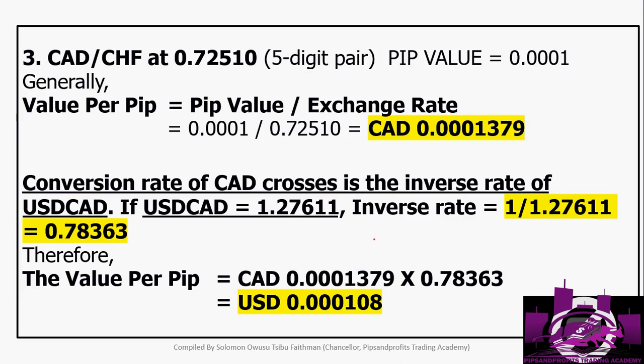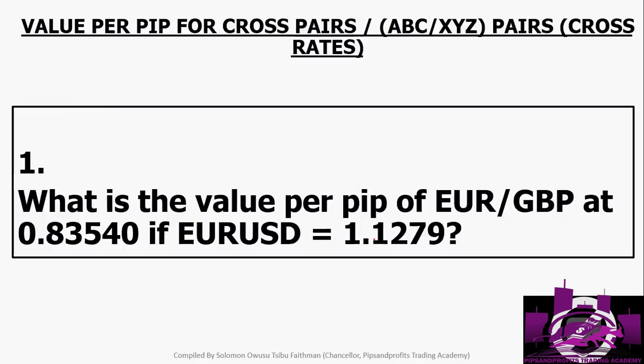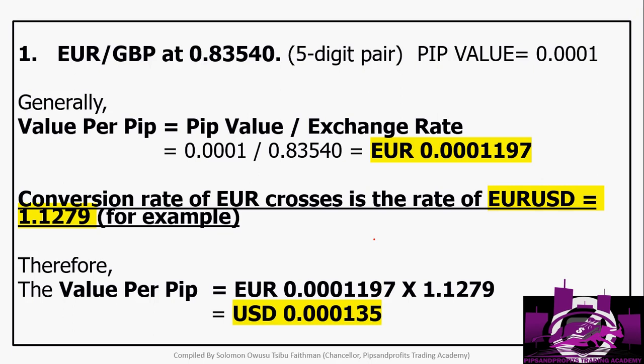So all the calculations we have done are for the cross pairs. You can see that all the calculations we've done so far, we've not had the same answers across. So let's go back. We did a calculation for Euro GBP and had 0.00135.